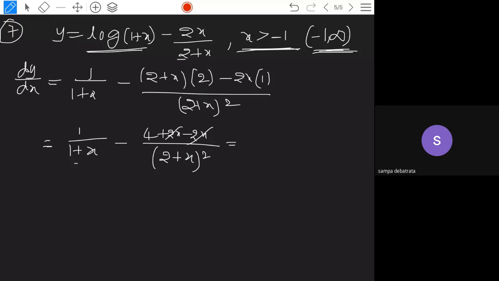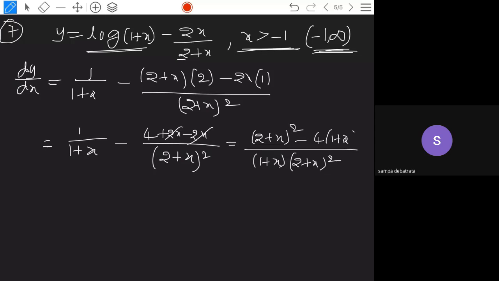Simplify, it is a bit easier. In the denominator you are going to get 1 plus x into 2 plus x whole square. So in the numerator you get 2 plus x whole square minus 4 into 1 plus x, isn't it?